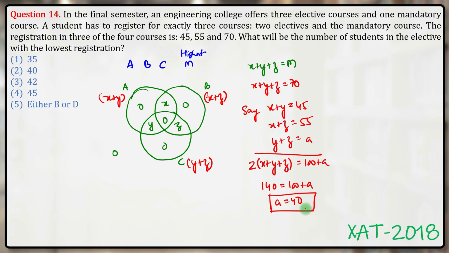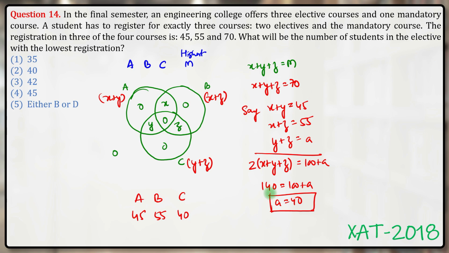Is that possible? Yes, because it is less than 70, so it satisfies the condition that the mandatory subject should get the highest number of registrations. So the number of registrations in the 3 electives can be 45, 55 and 40.